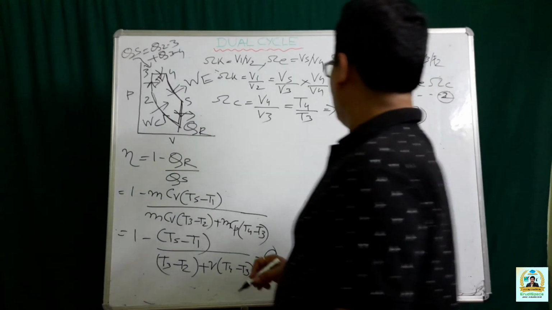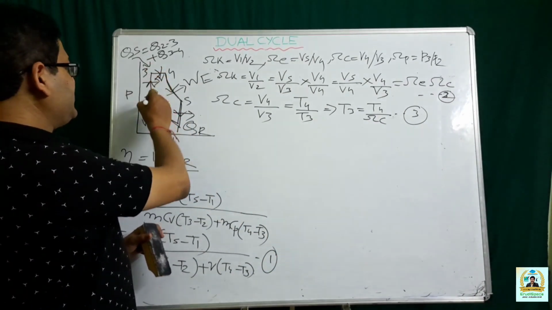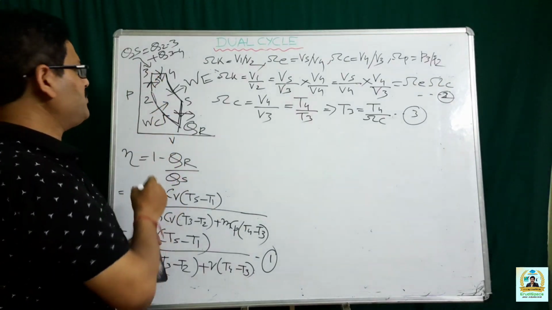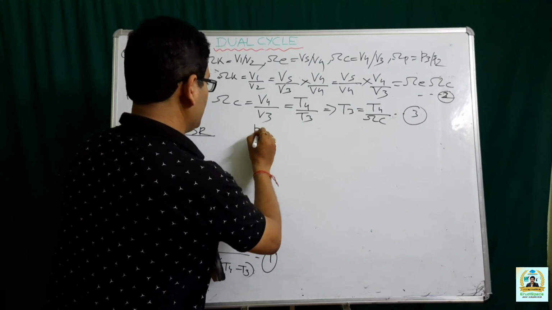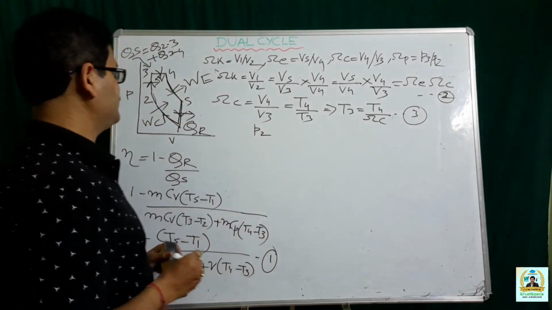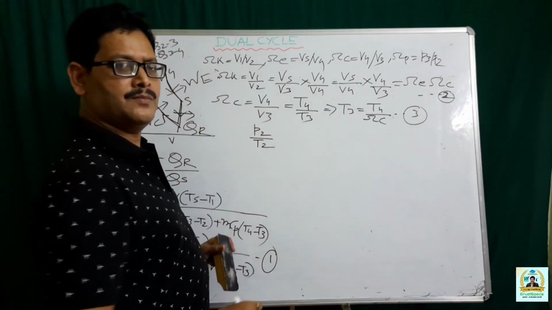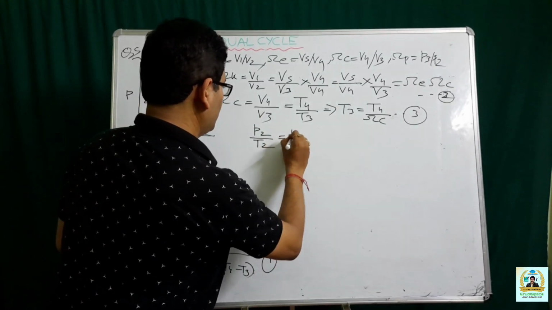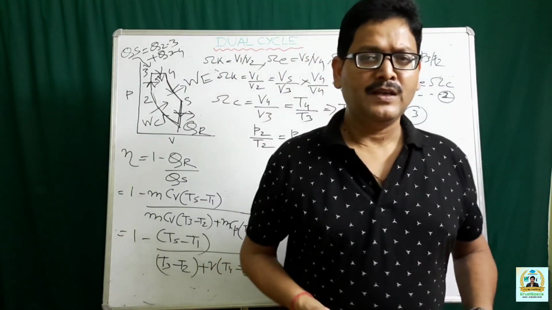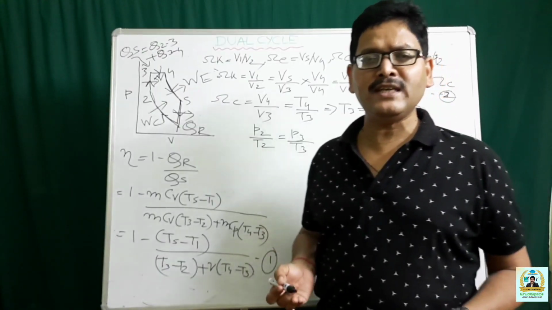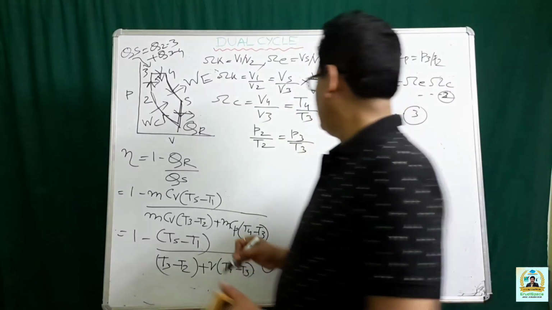Now, for process 2-3, it is a constant volume process. So for constant volume process, the combined gas equation PV by T is equal to constant reduces to P by T is equal to constant.